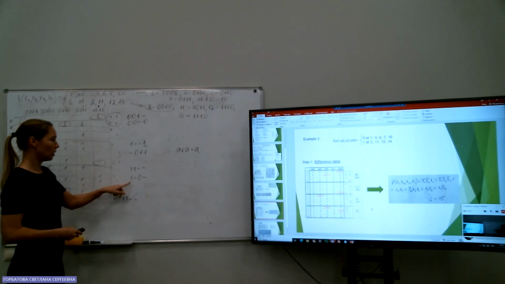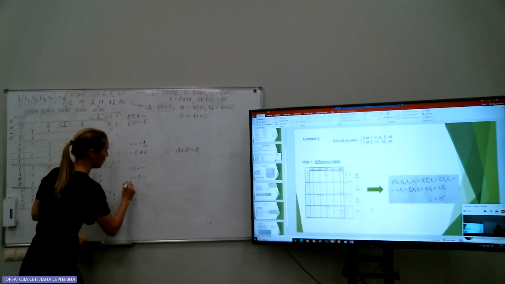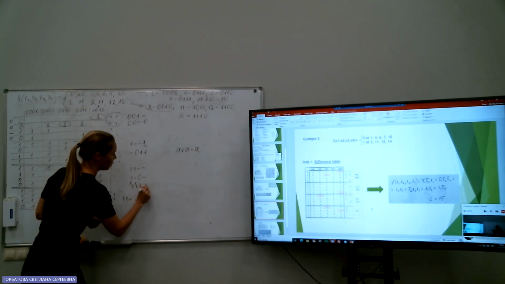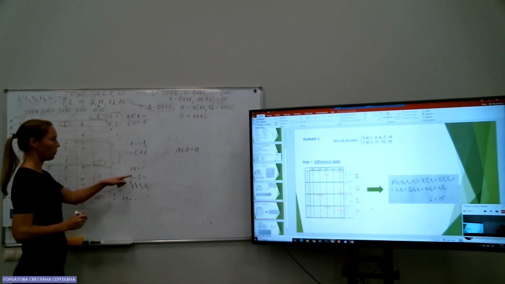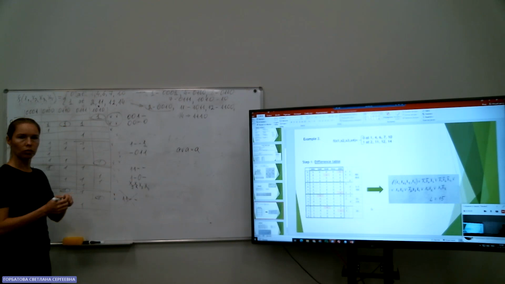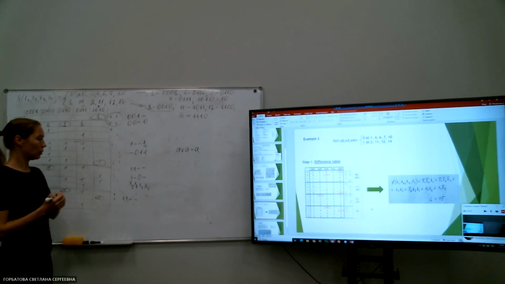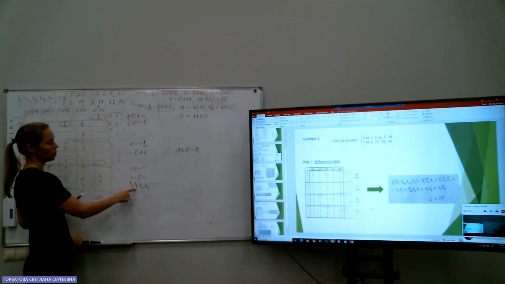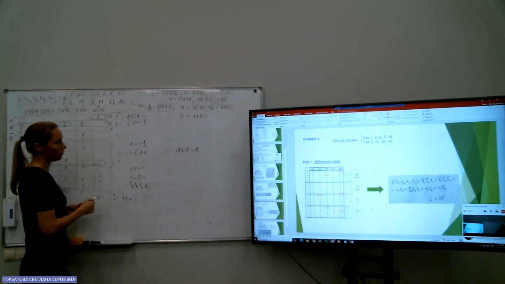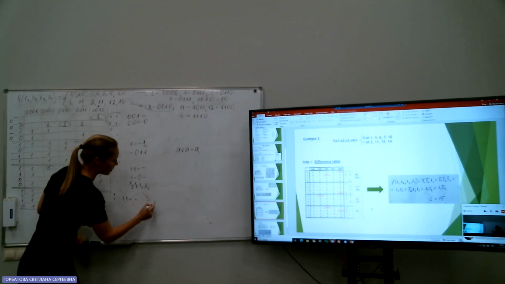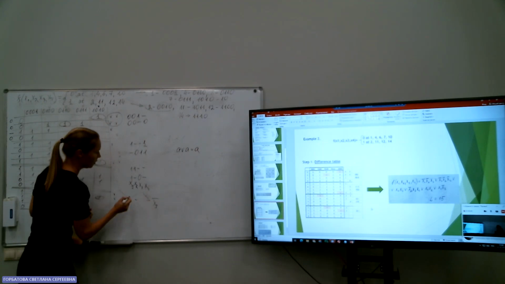So it is position for x1, position for x2, position for x3, and position for x4. If dash, that means no variance here. If zero, it means x3 with negation.